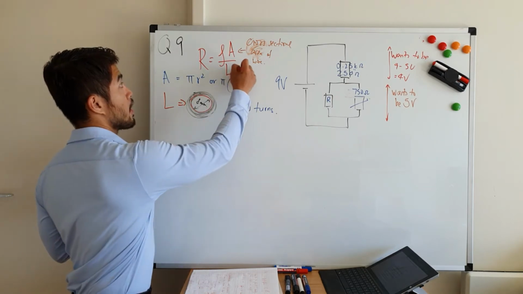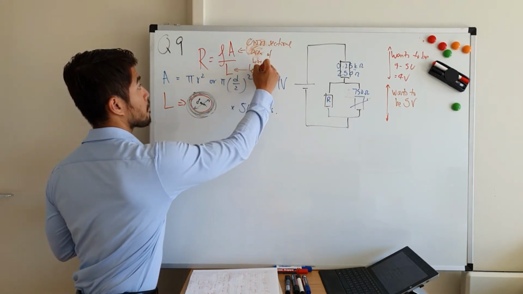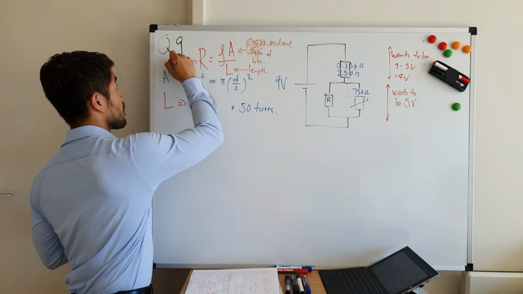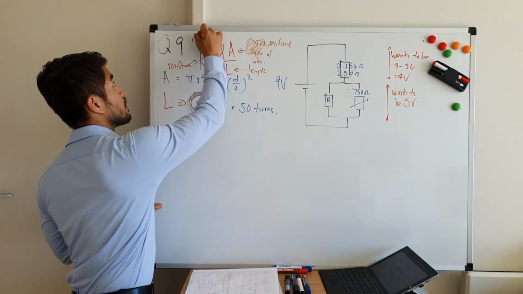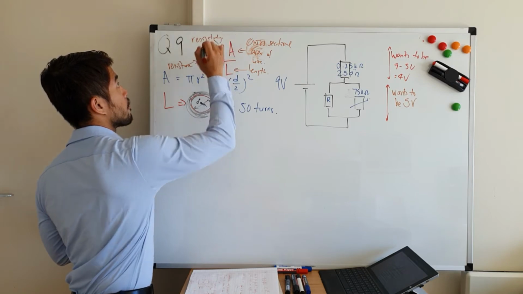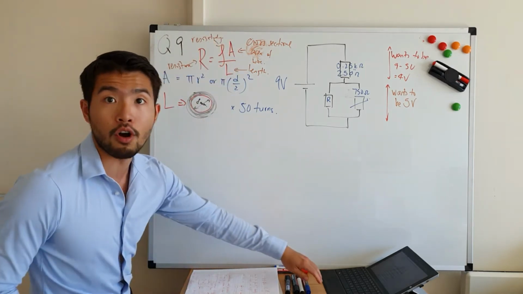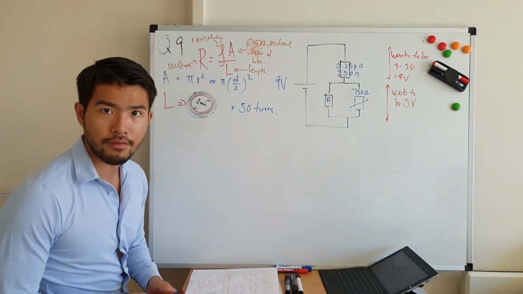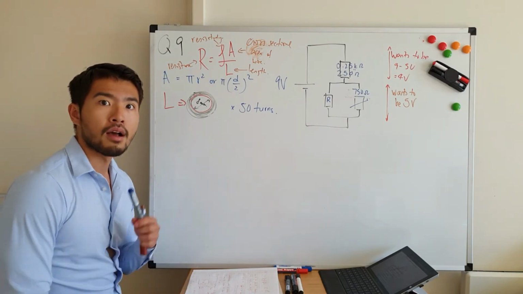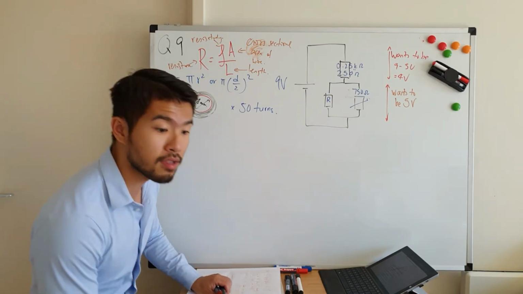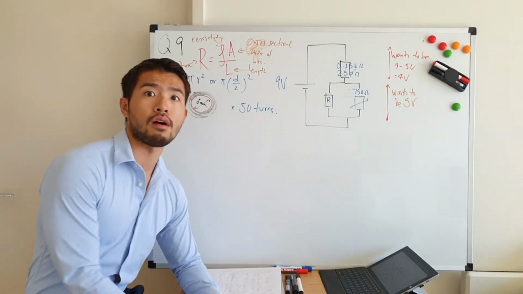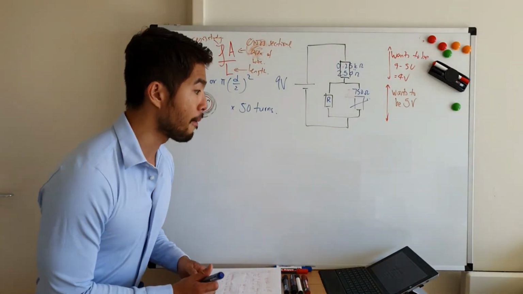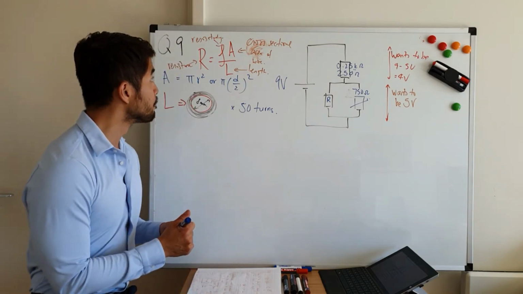L is the length of the wire, R is resistance, and rho is resistivity, which is a material property. For example, copper will have lower resistivity than steel. Silver, which is one of the best metals for conduction, will have lower resistivity than copper.